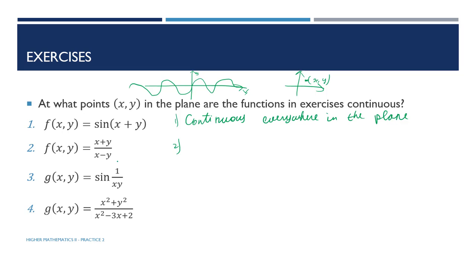Second function, x plus y over x minus y. This expression is not continuous at points where x minus y is 0, which is x equals y. So it should not be 0. What will I write?